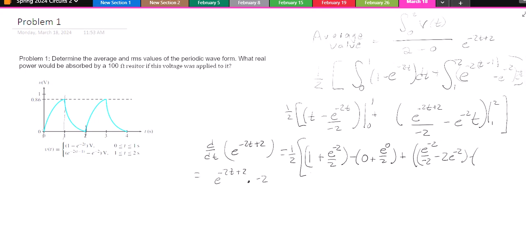But when I plug in 1, I get 0. Minus e to the minus 2. Or minus 1/2.